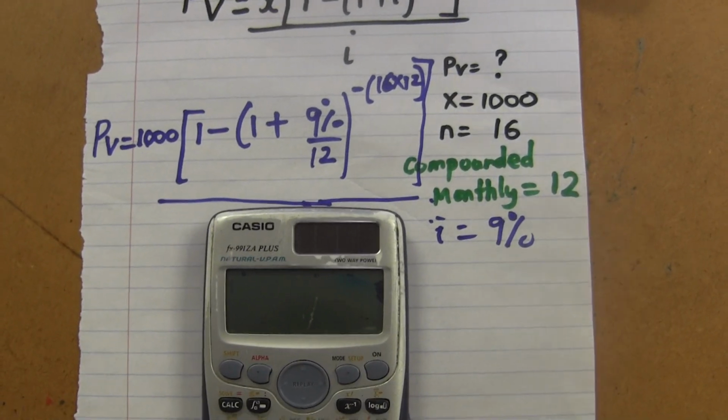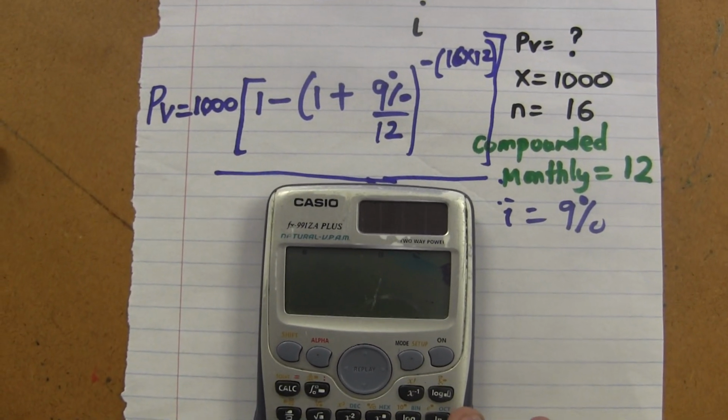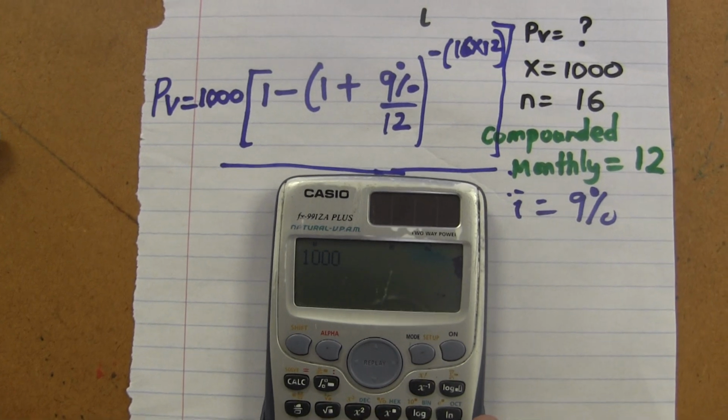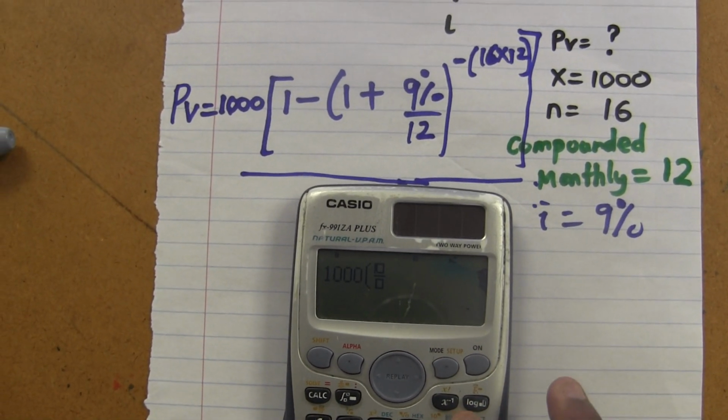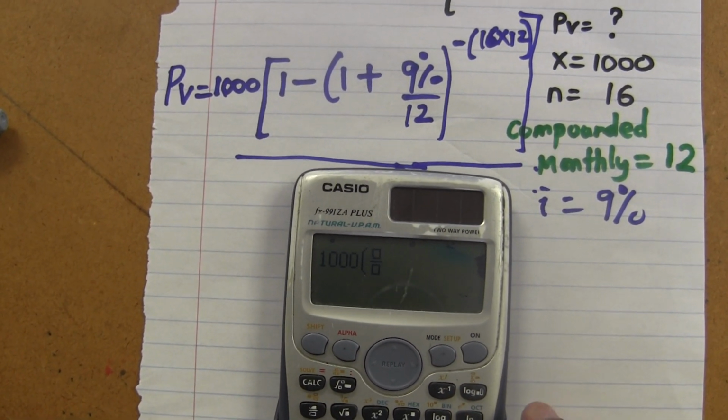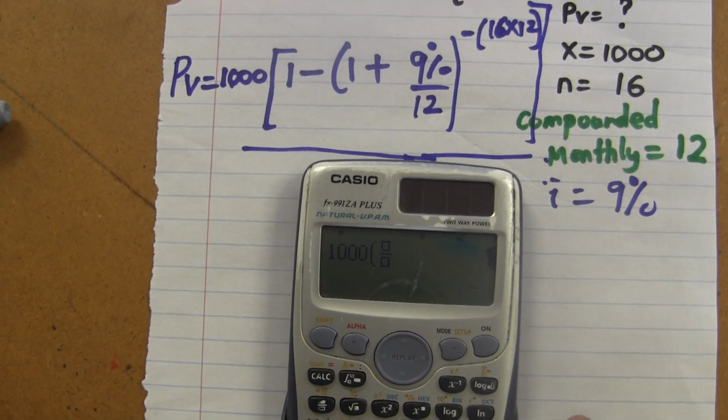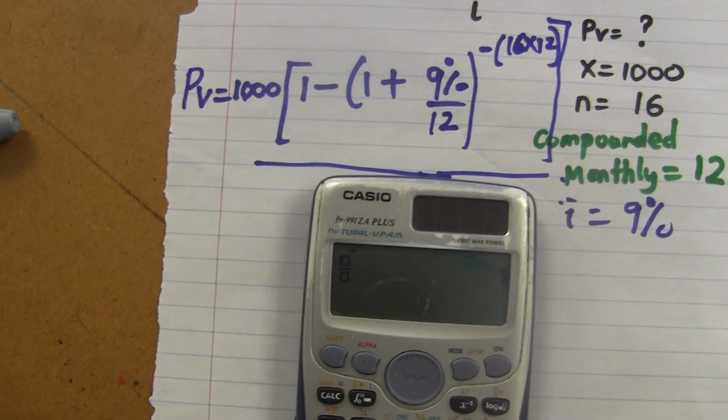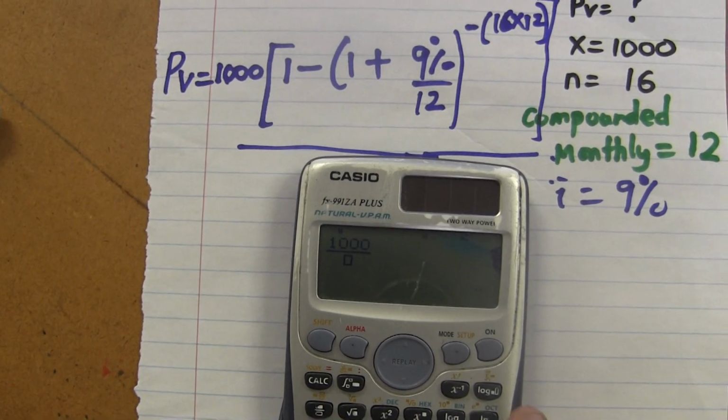Very, very easy, guys. So now we say 1,000, bracket, fraction. 1,000 on top, and then bracket.